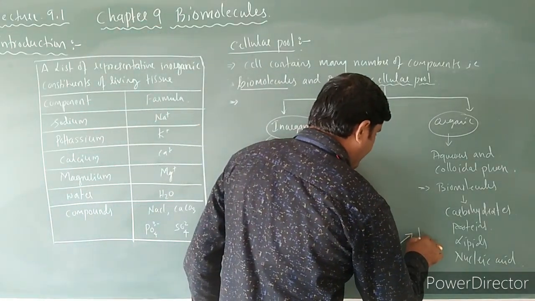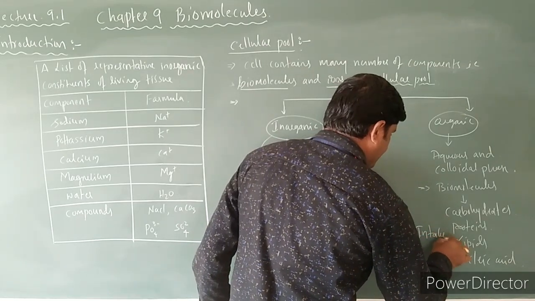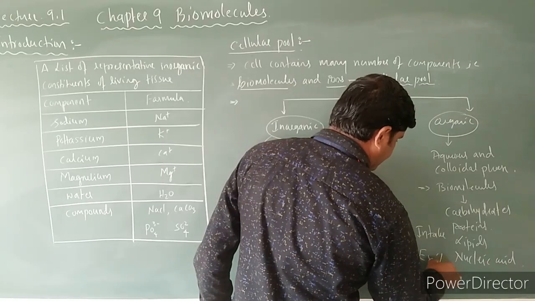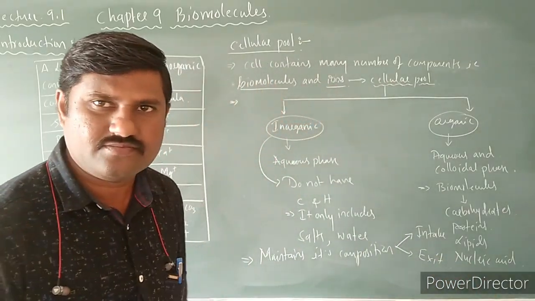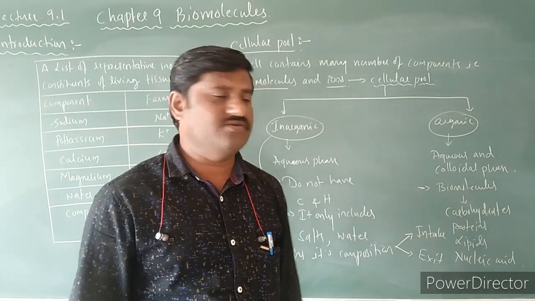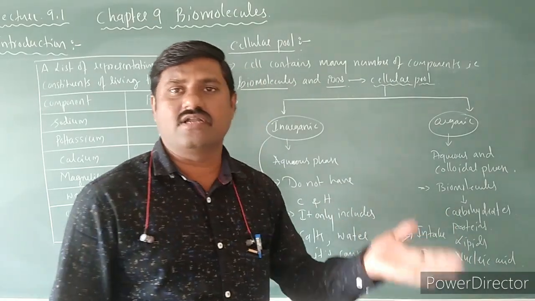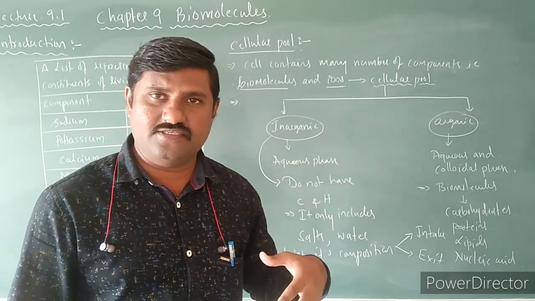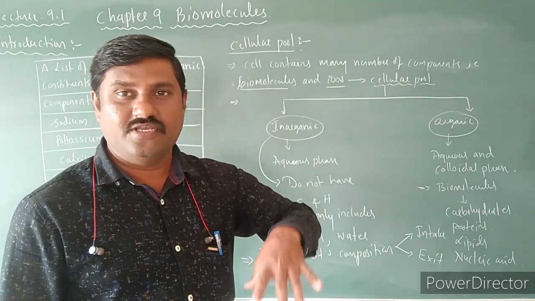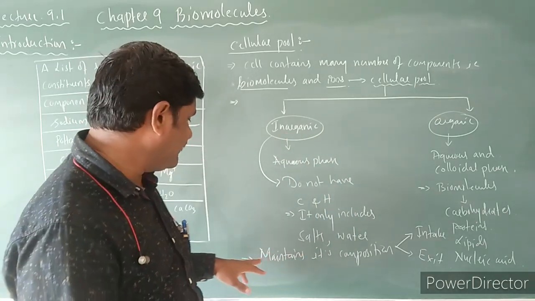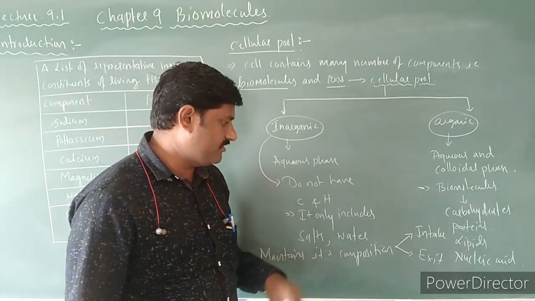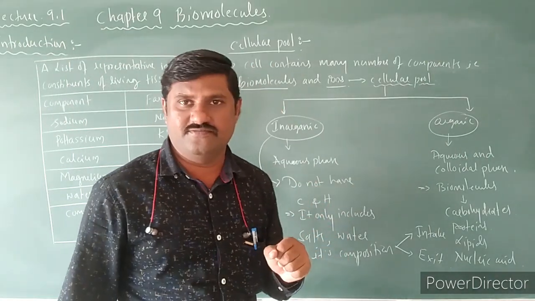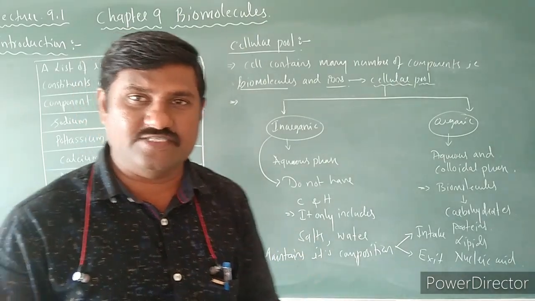It may take in molecules or it may let molecules exit. The waste products exit, and the molecules required for construction of the cell or the function of the cell are taken in. In this way, the maintenance of this chemical composition takes place by the cellular pool itself. Right? The cell maintains all these aspects.